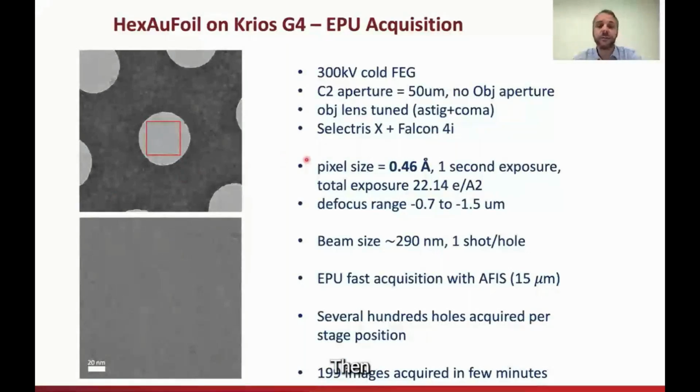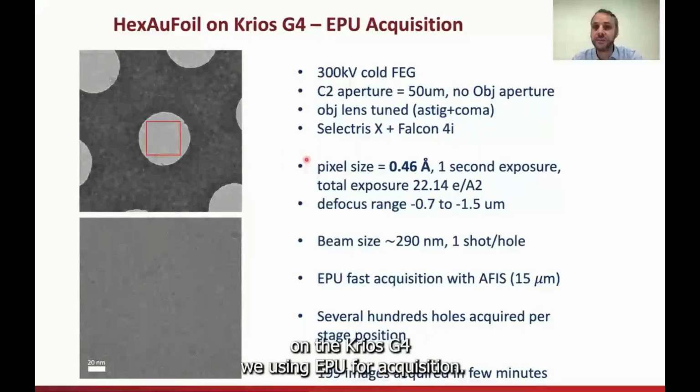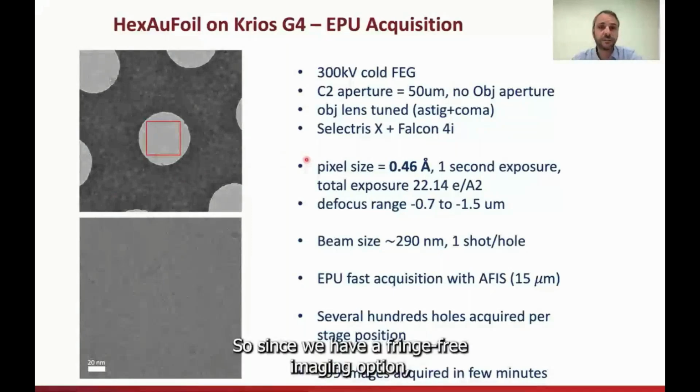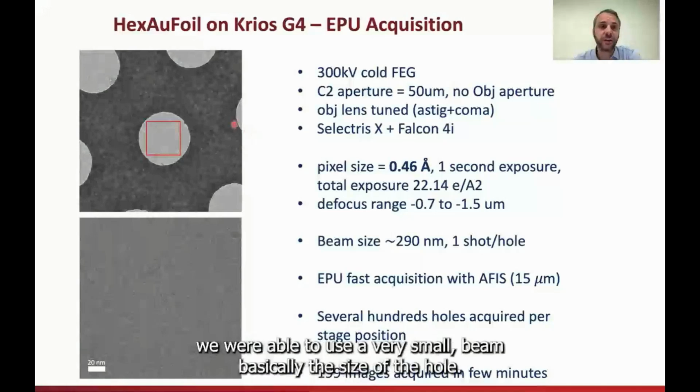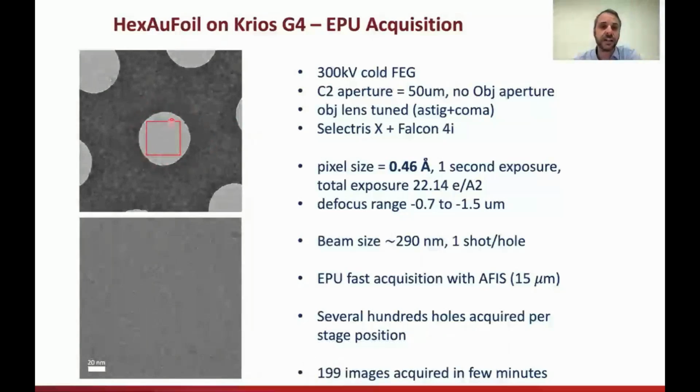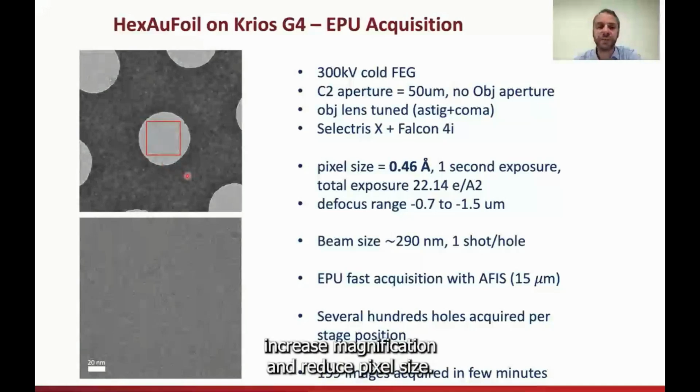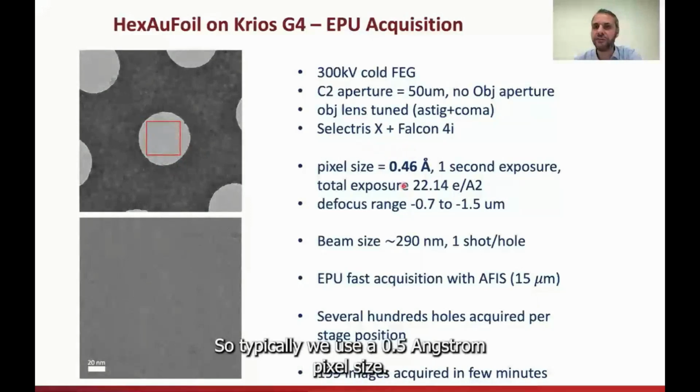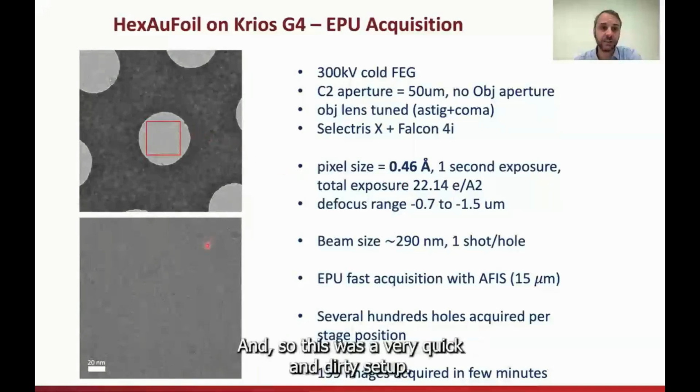Then on the Krios G4, we're using EPU for acquisition. Since we have a fringe-free imaging option, we were able to use a very small beam, basically the size of the hole. So we could increase the magnification and reduce the pixel size. Typically we use a 0.5 angstrom pixel size. This was a very quick and dirty setup.